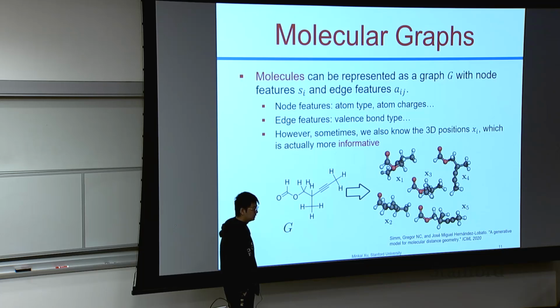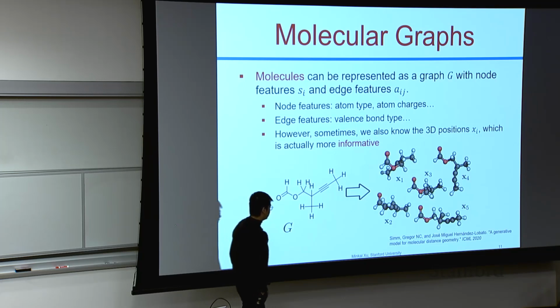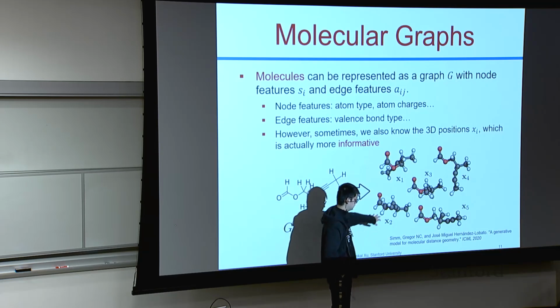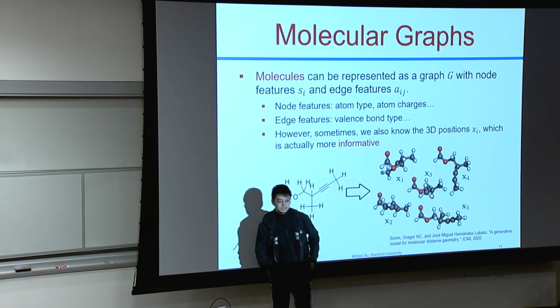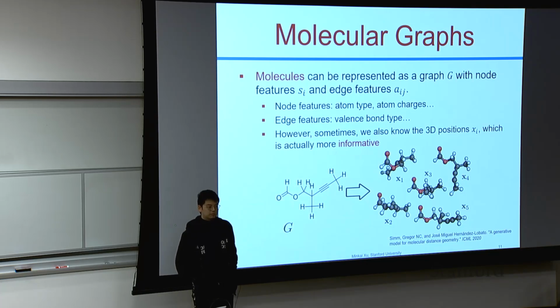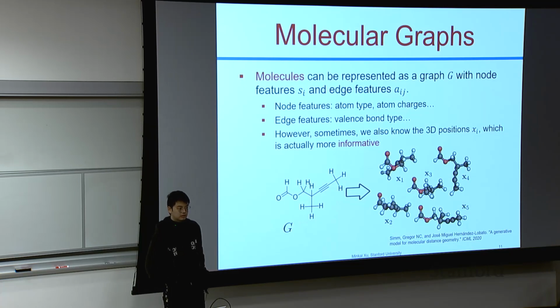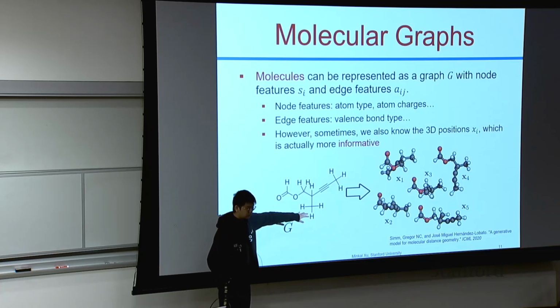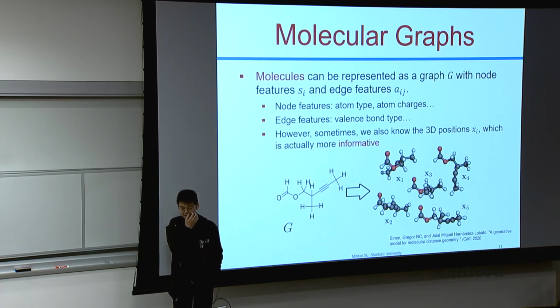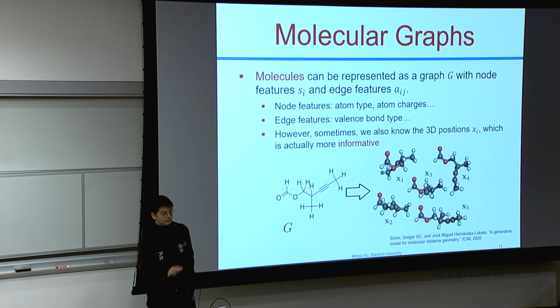But most importantly, in many cases we also have the 3D structure of molecules. And in many real-world applications, we are very interested in this 3D structure of molecules. For example, when we want to model how a molecule acts in some solvent or in our human body.